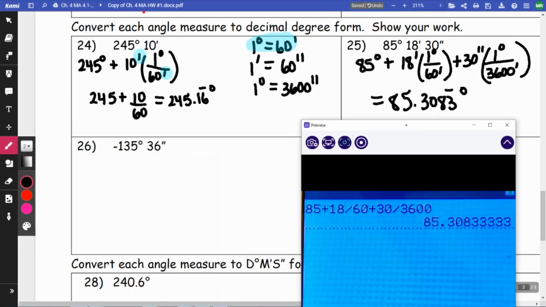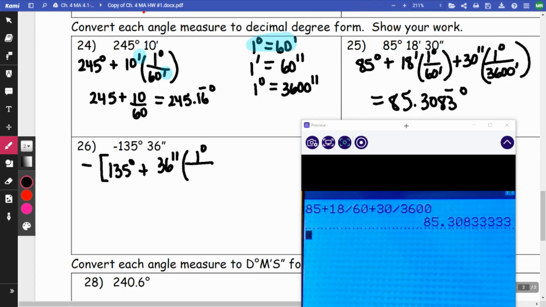Okay, the next ones are going to be negative. You can either write it where these are all minuses, or I'm just going to put the negative in front, and I'm going to have 135 degrees plus, you want to be careful, this is 36 seconds. So I'm going to have 36 seconds times 1 degree over 3,600 seconds.